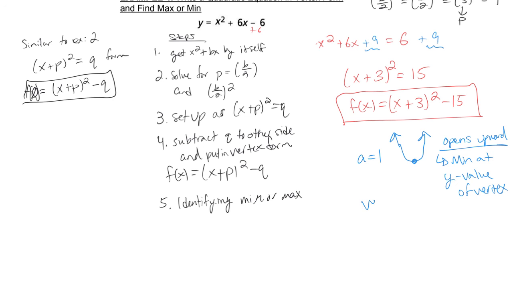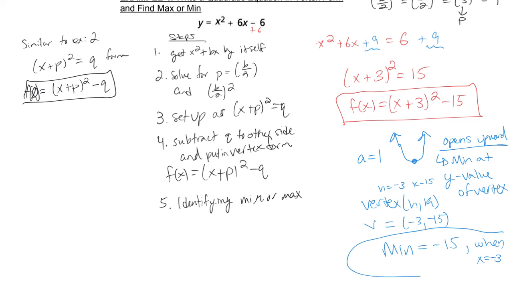So our vertex is (h, k). Our h is -3 because we have +3, and our k is -15. So -3, -15. Therefore, our minimum is -15, and that's when x equals -3. And that is our solution.